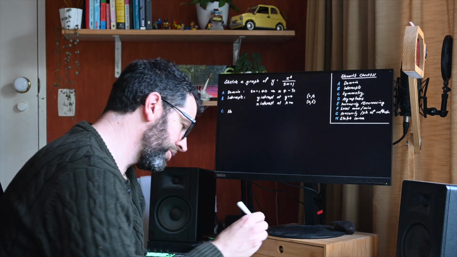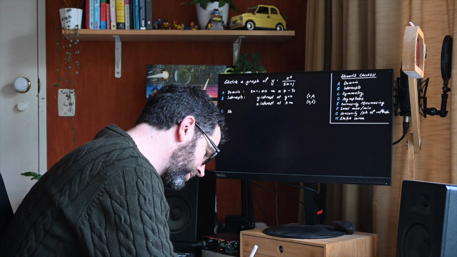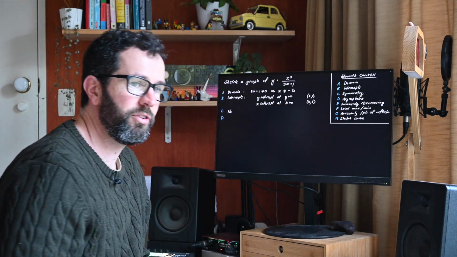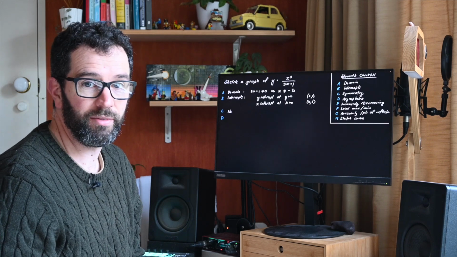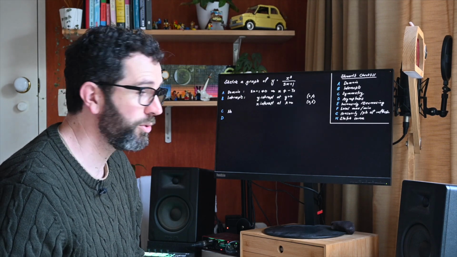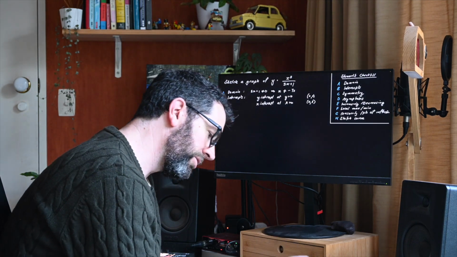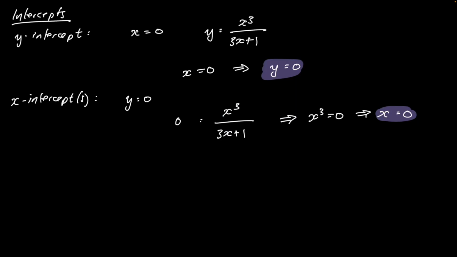All right, next up is asymptotes. So let's do the asymptotes next. Our asymptotes are when we have a value at the bottom of the fraction going towards 0 in this case. So I'll jump back to my working screen.